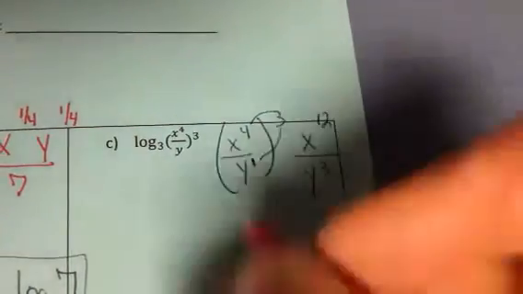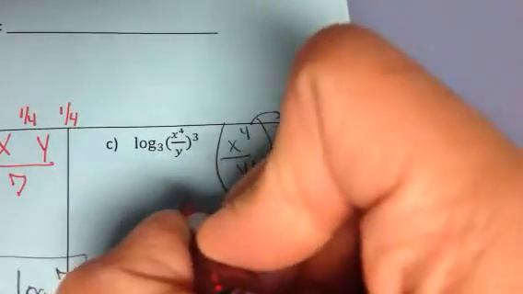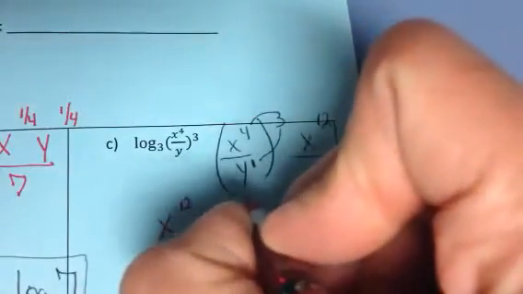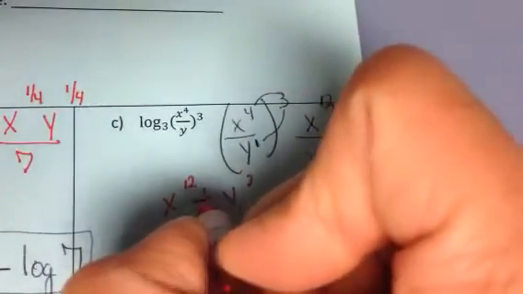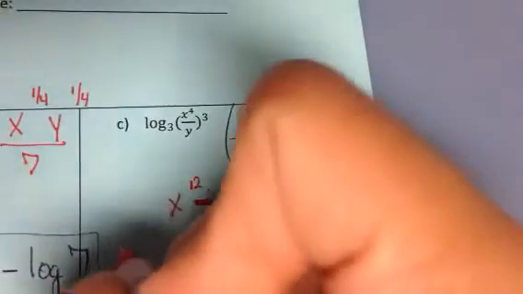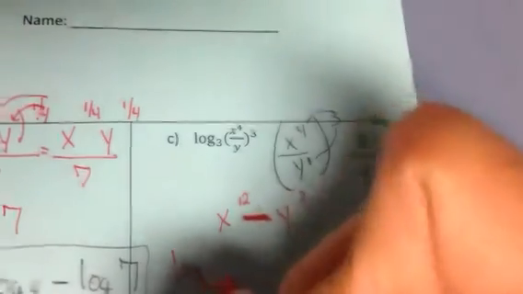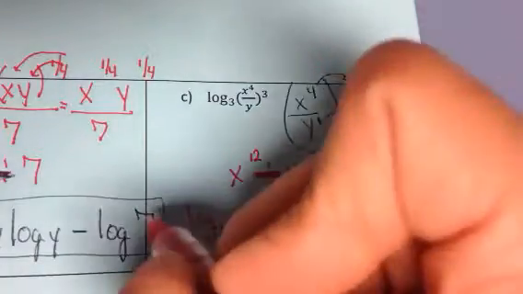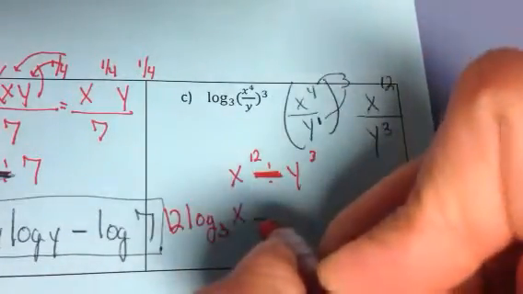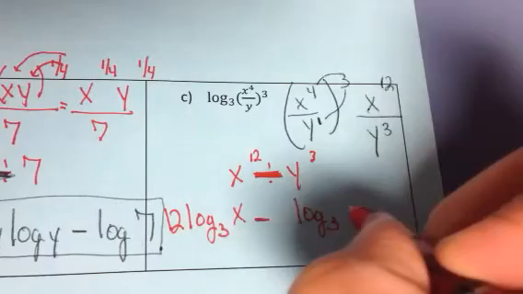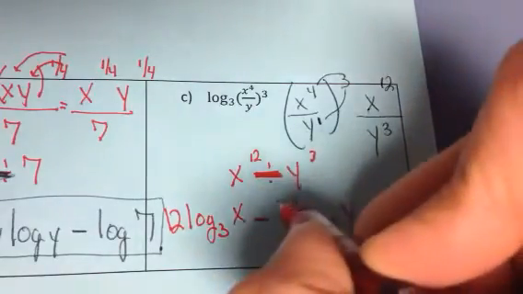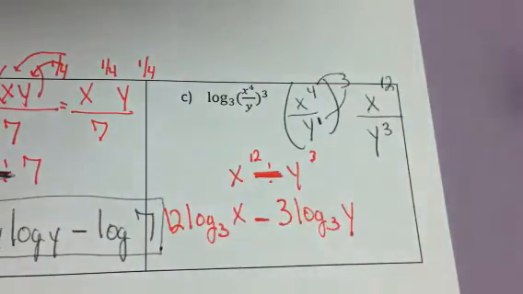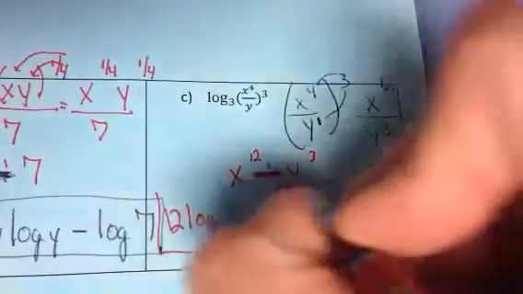And now when you look at this as x to the 12th divided by y to the 3rd, that division is now going to turn into subtraction, and then I'll bring that log base 3 with the x to the 12th, but don't put the 12 here, sorry, put the 12 in front, minus, and then I'm going to put that log 3 with the y, and I'm going to put the 3 in front as well. And now that one has been expanded.